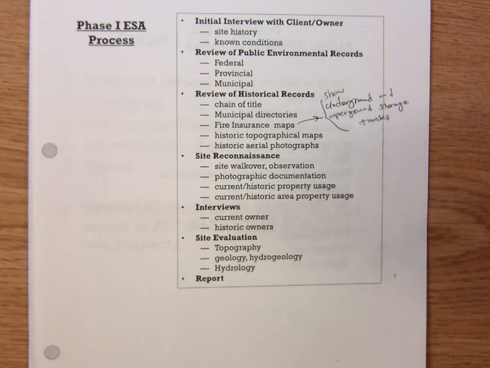You basically do some sort of walkover, you visually observe what is going on, what you see on the site. You might even take some pictures, record them for your own records, or include them in your final report.